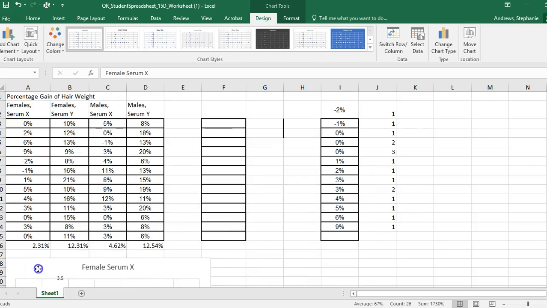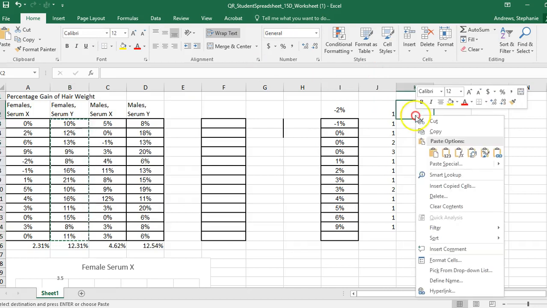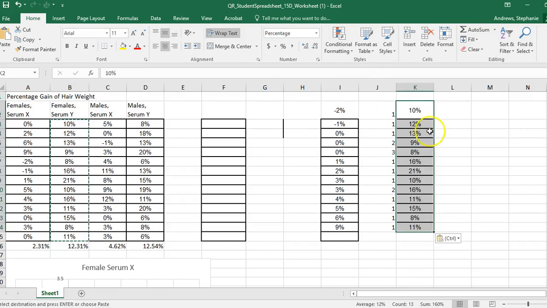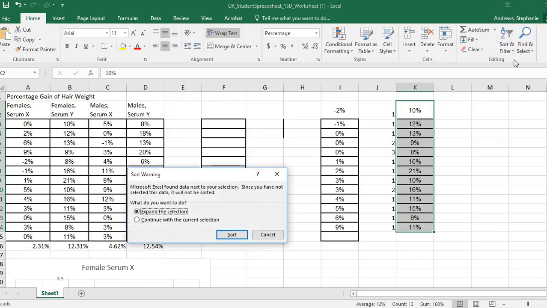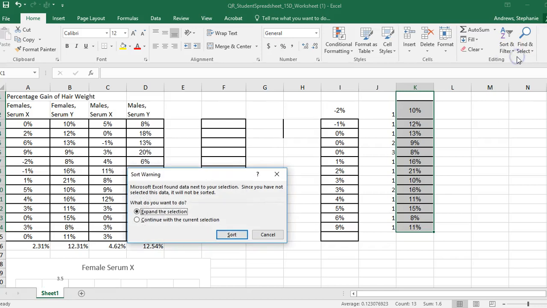So let's go ahead and move this one out of the way. I've got to leave that there so it can still pull from that data. So let me copy and paste another. And let me go ahead and sort and filter. And it doesn't like me. So let's do this differently. I'll go one above and then ask it to sort smallest to largest.